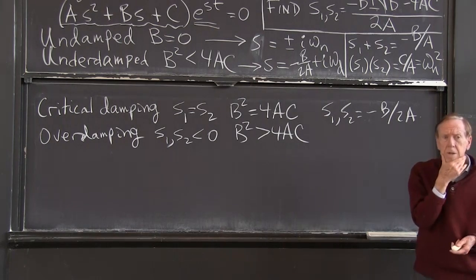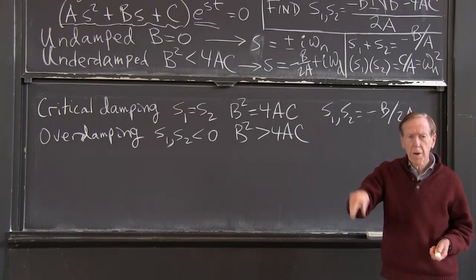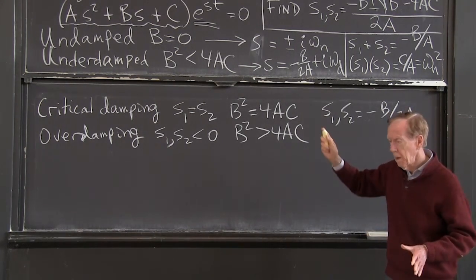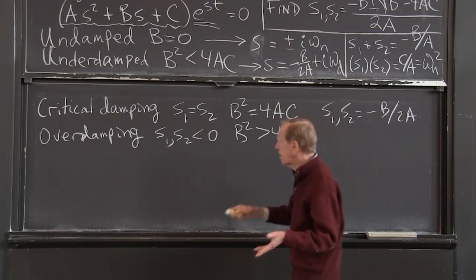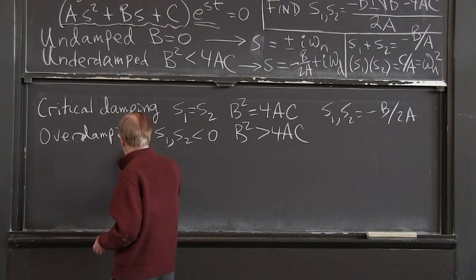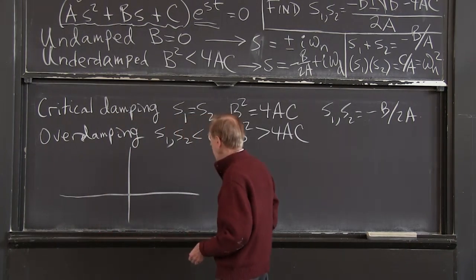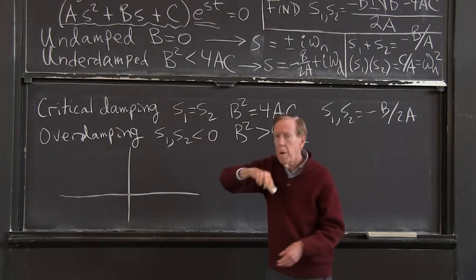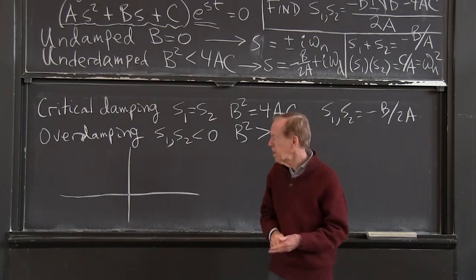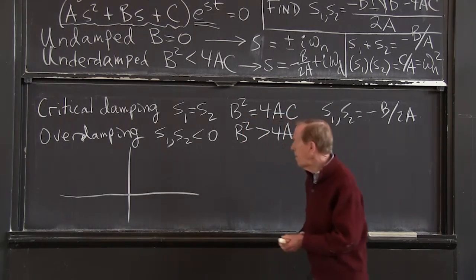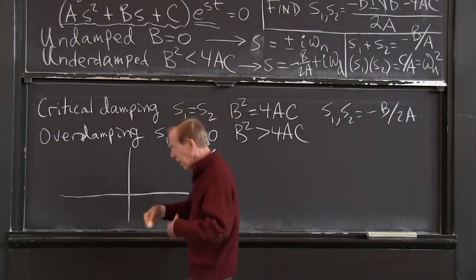Oh, let me draw you some pictures. I'll draw you the parabola, the AS squared. So this is a graph of AS squared. Let me plot AS squared plus BS plus C. So in this overdamping case, we might have a lot of damping.